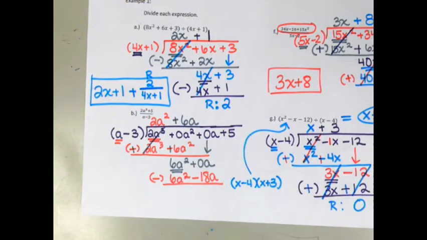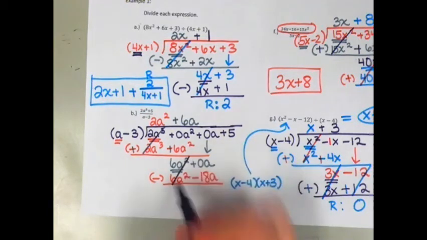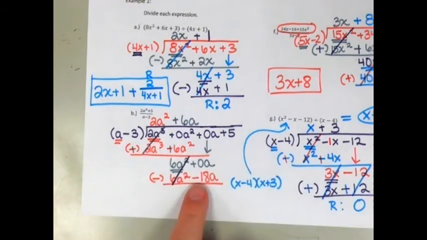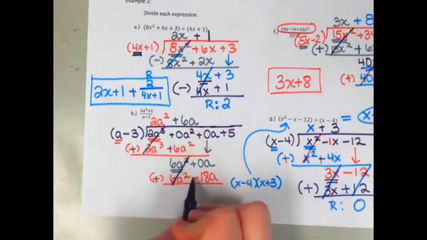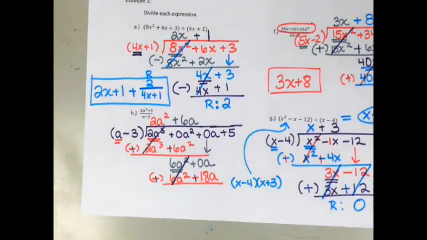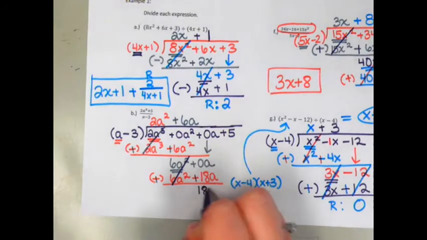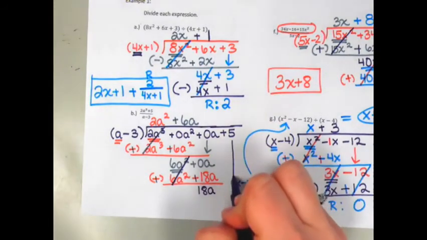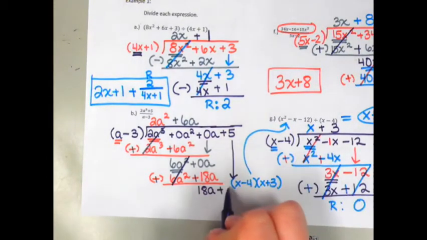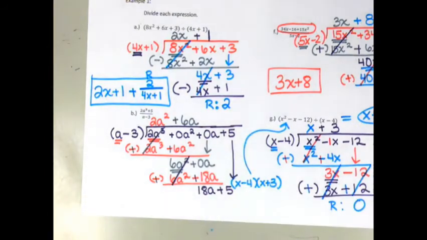What is 6a squared minus 6a squared? 0. A negative and a negative make a positive. So what's 0a plus 18a? 18a. And then we have a, bring down the plus 5, right?